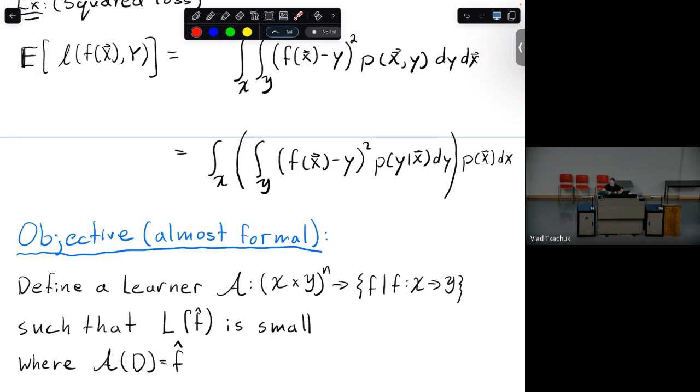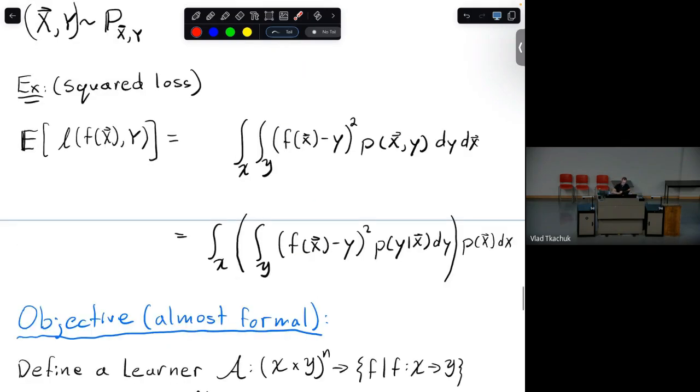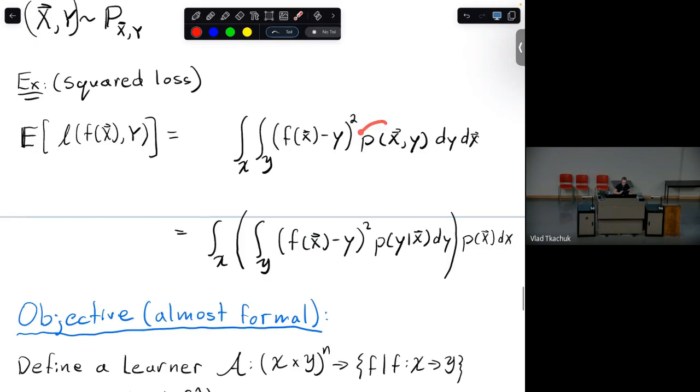Someone asks, why did you write p(x,y) in the loss, and how is that equal to p(y|x) dy? They're probably asking how this became something like this. All I did is take this object and rearrange some terms. I used the product rule, which is p of y given x times p of x. We saw that in the last class. There's some intuition, it kind of makes sense.